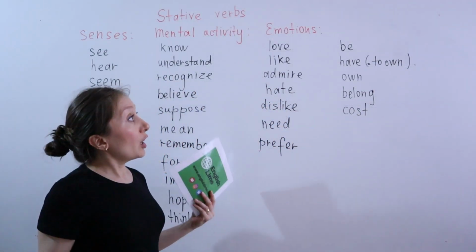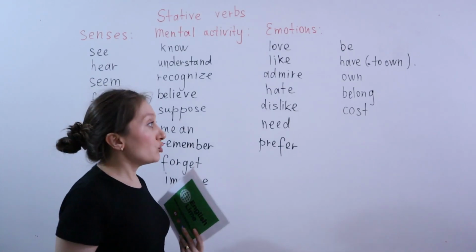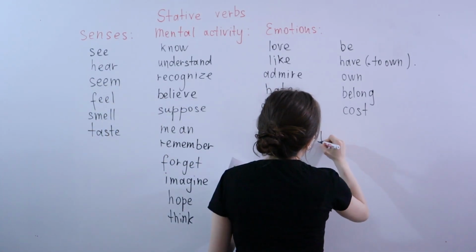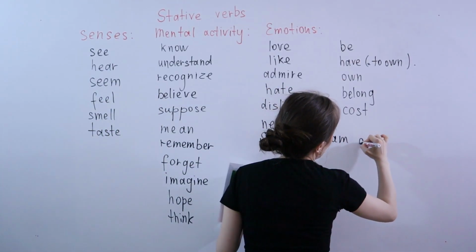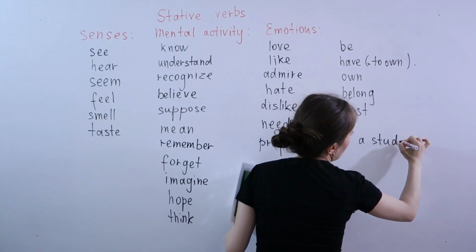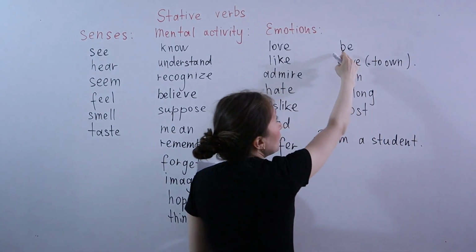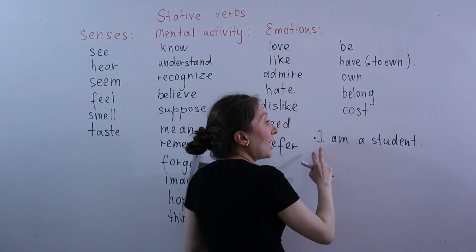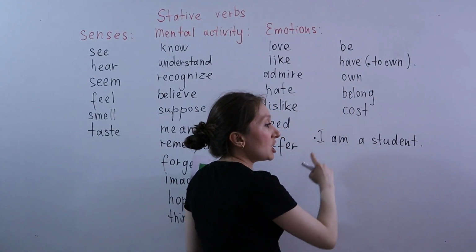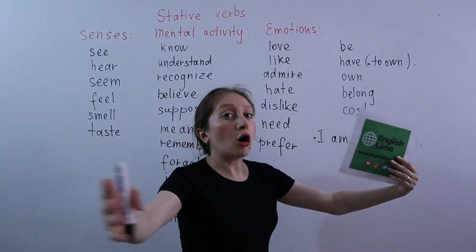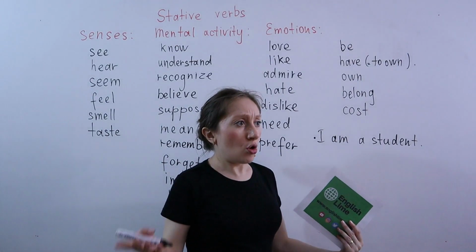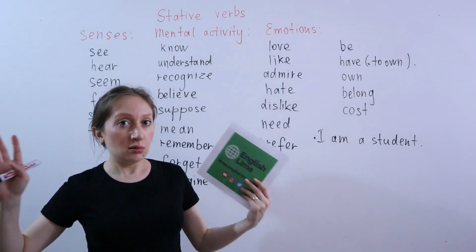For example, the verb to be. I am a student. You remember to be: am, is, are. He is a student. She is a student. We are students. No being or something. Am, is, are.